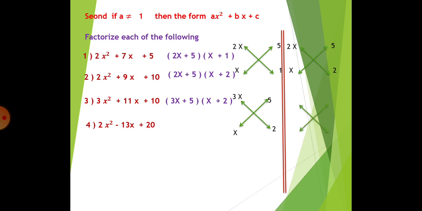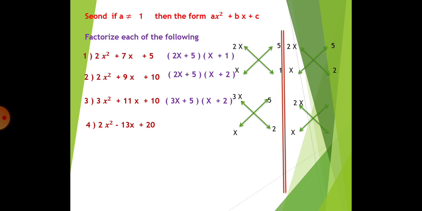Number 4, 2x power 2 minus 13x plus 20. We factorize 2x power 2, it will be 2x and x. 20. We can't put even number on the same brackets. So we can't take any common factor.